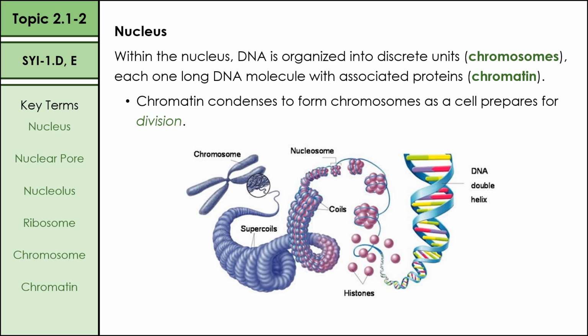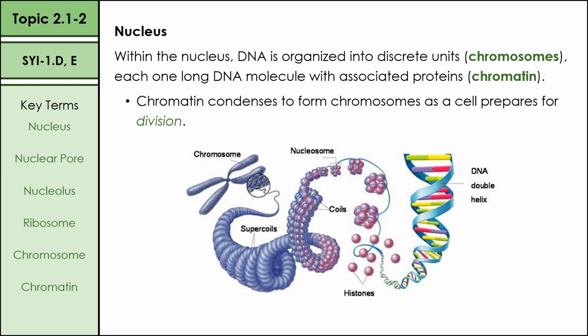So in the nucleus, our DNA is condensed into units called chromosomes. And different organisms have different numbers of chromosomes, different amounts of DNA. And each one of those chromosomes is a DNA molecule that is wound around associated proteins called histones.